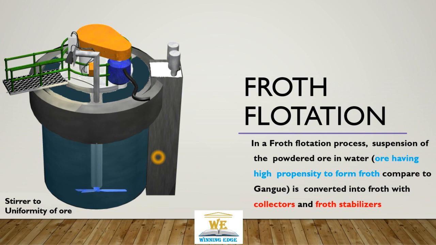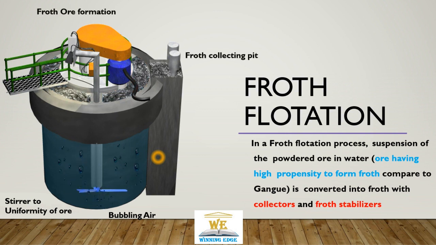With the stirring there is uniformity. Then we bubble air through it so that enough froth is made. Then this froth comes up and is collected in the froth collecting pit here. From there it is concentrated and the gangues will settle down.